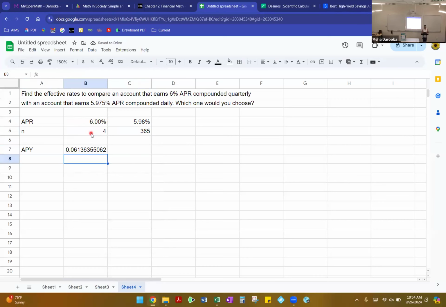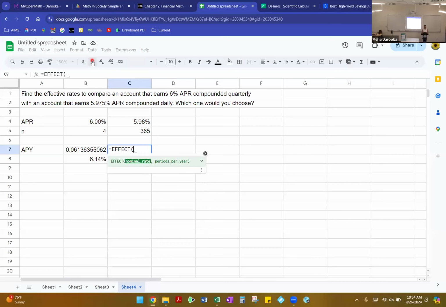So you can see this one is going up to 6.13. Then I'm just going to copy that over and change it to a percent. Oh, so 6.14. And then the other one, and I guess most of you went with the daily compounding with 5.975.